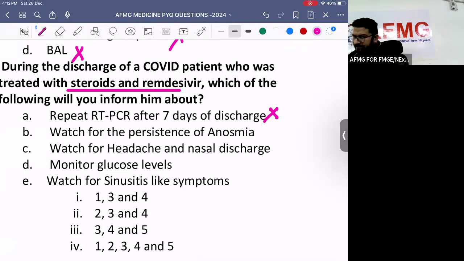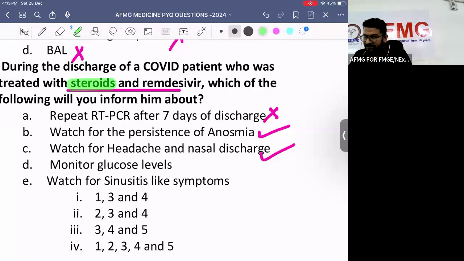Watch for persistent anosmia. You will advise the patient that when your sense of smell reduces, then you should tell me, right? So this is correct. He should watch himself for anosmia. Watch for headache and nasal discharge, this is advised. Glucose level check, should it be done or not?